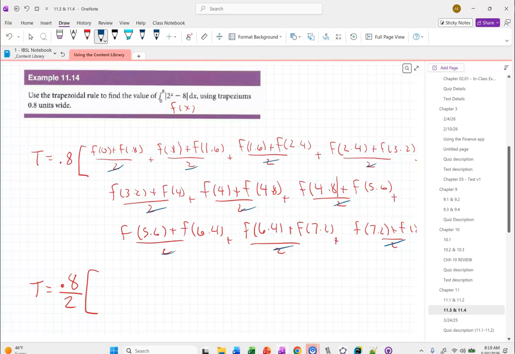Everybody okay there? And then notice that other than the very first and the very last, I have 2 of every other base, or every other height. Do you guys see that?